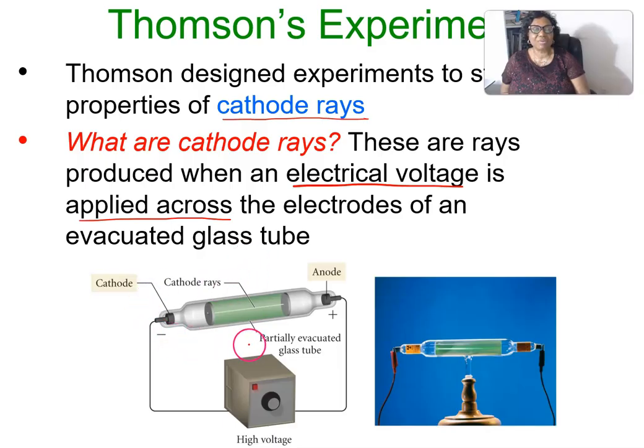This is the evacuated glass tube, which means you don't have any gas inside. It's a vacuum. This is the electrode, this is the cathode, and this is the anode. There is no air inside, no particles, no mass, no substance inside.